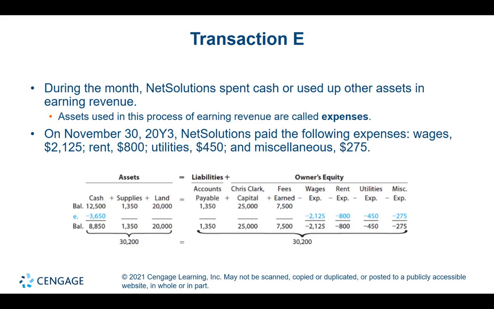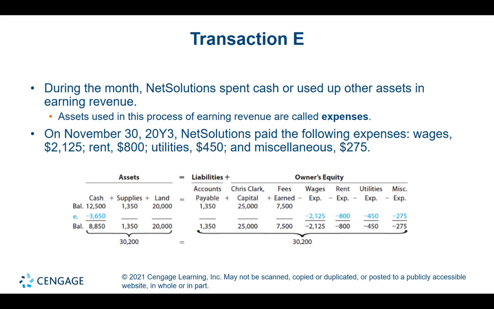In this transaction, November 30th, NetSolutions paid a variety of different expenses: wages, rent, utilities, and miscellaneous expense. It's recorded to each of these respective expense accounts. What is an expense? An expense is the cost of operations that a company incurs to generate revenue.